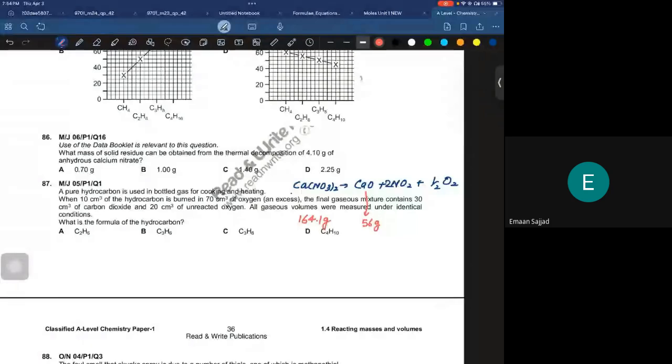So the mass of anhydrous is given to you, that is 4.10. This would be X. You can cross multiply this. This is also one of the methods. If the mass is given and the mass is required, you can do this method.